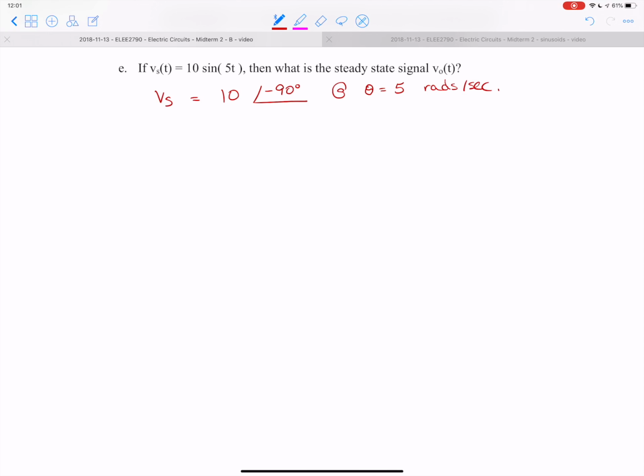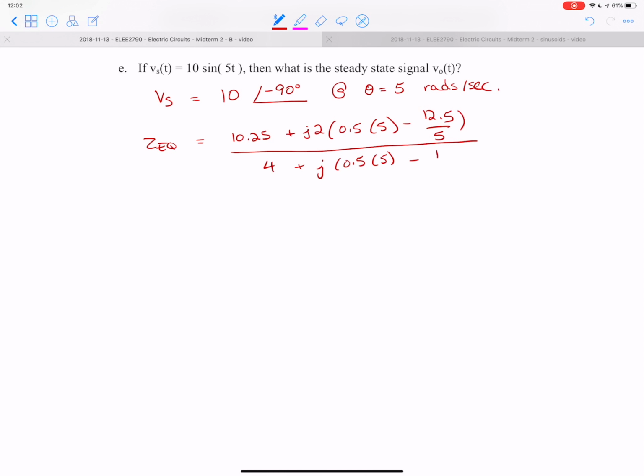Going back to our equivalent impedance, ZEQ is equal to 10.25 plus J2 times 0.5 theta, which is 5, minus 12.5 over theta, which is 5, divided by 4 plus J times 0.5 theta minus 12.5 over theta.